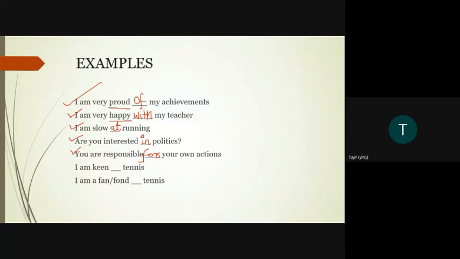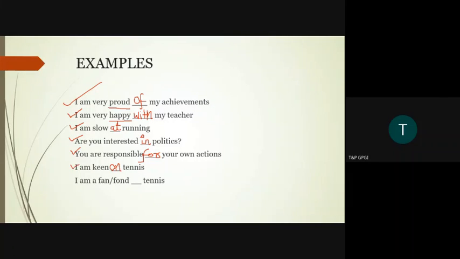Moving on: I am keen dash tennis. I am keen of tennis. I'm keen with tennis. I'm keen what tennis. So the correct answer is, I hope you all guessed it right, on. I am keen on tennis.